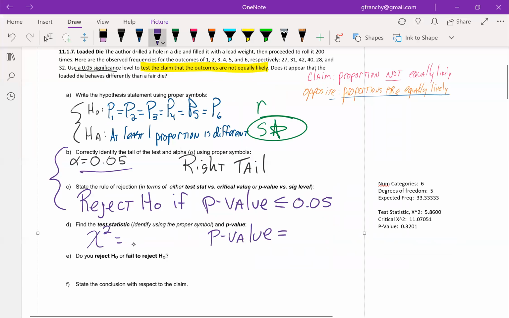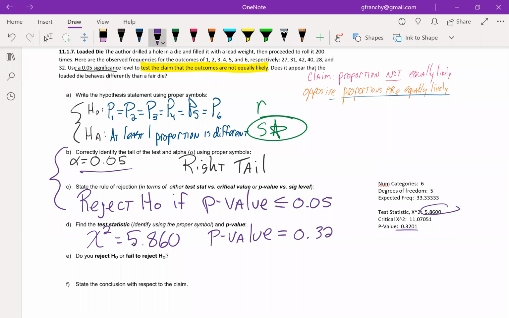So our chi-squared here is 5.860 and the p-value is 0.3201. So is 32% less than 5%? No, it is not.